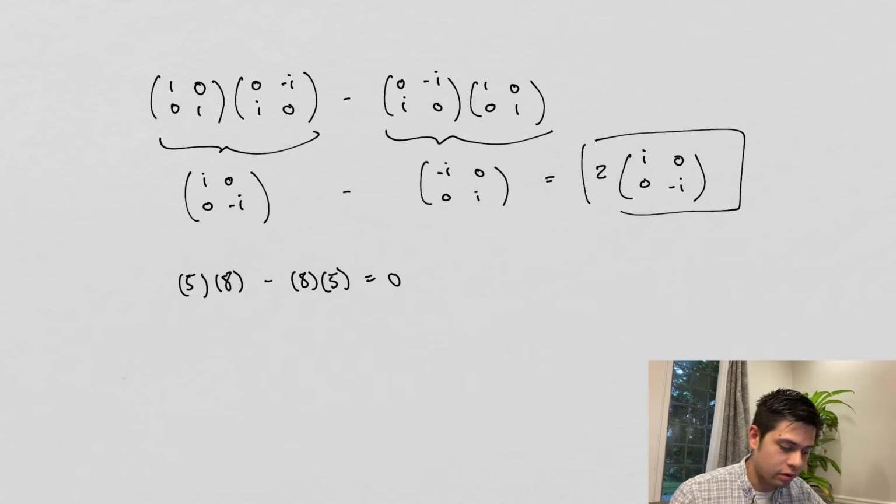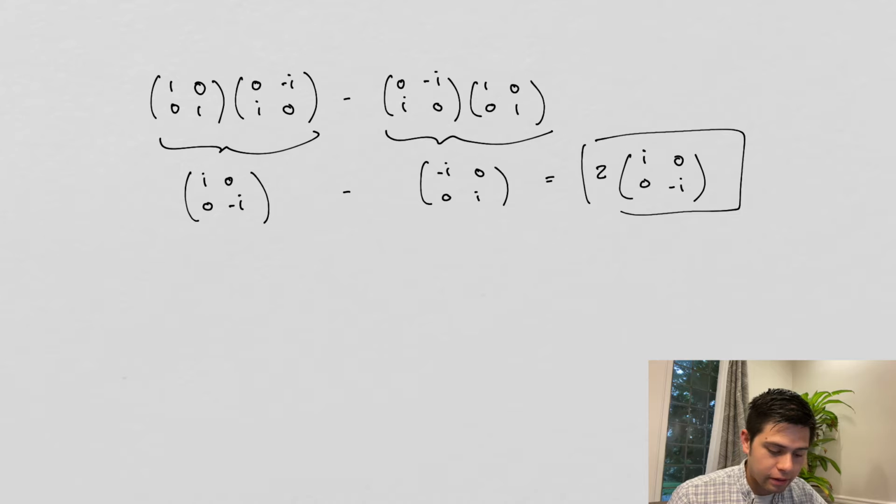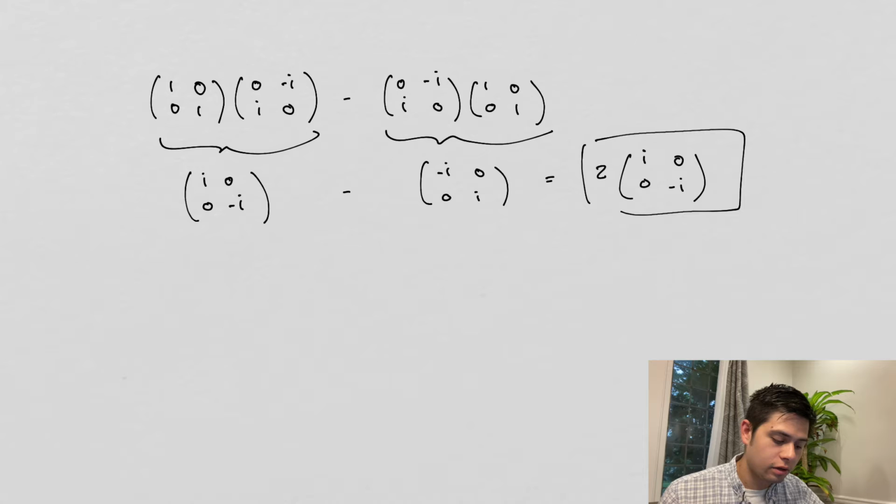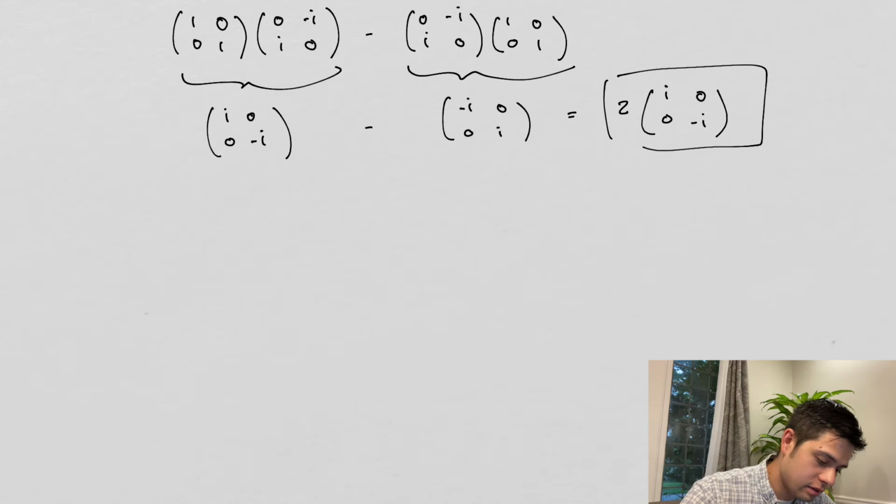We're seeing right now that in the case of matrices, the difference between the ordering of the two is not 0. And this is what we mean by a non-commutation relationship, right? They don't commute. And there's another way of writing this.